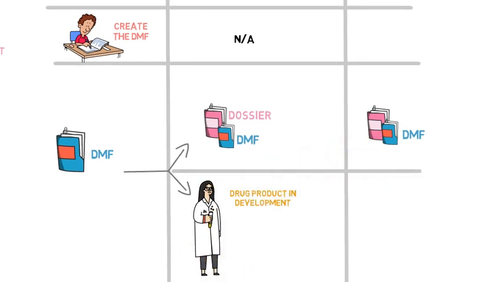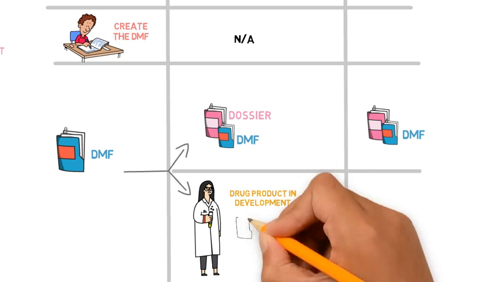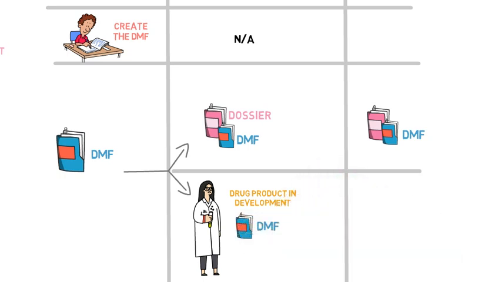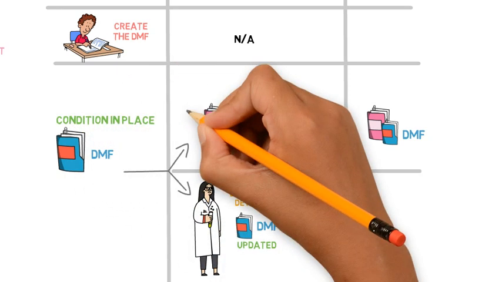this API to develop a new drug product, but will only become a commercially active client once the regulatory agency approves that drug. These clients will receive the DMF referring to the API that they have bought, and the responsibility of the API manufacturer is to ensure that this DMF is updated according to the condition which is currently in place.